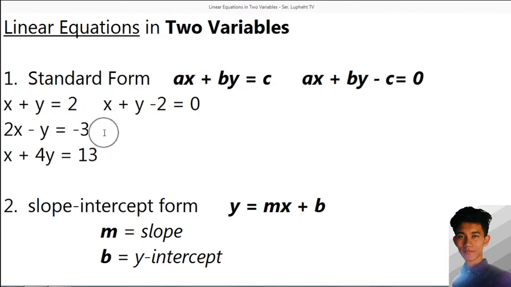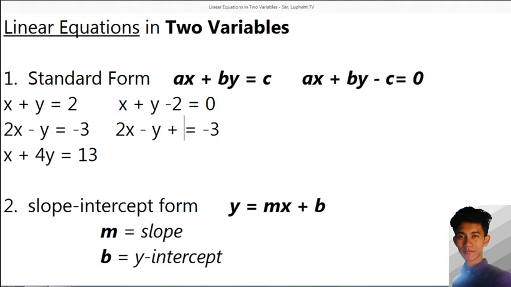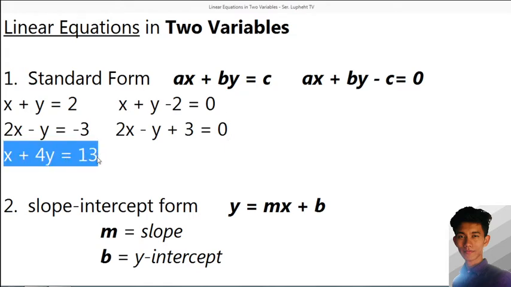So, yung proseso po ng paglipat ay parang ano lang yan, no? We add or subtract particular number na gusto nating matanggal from both sides of the equation. So, ito, yung negative 3 will become plus 3. And then, eventually, ito magiging 0 na lang. Okay? And then, lastly, itong x plus 4y is equal to 13. Okay?